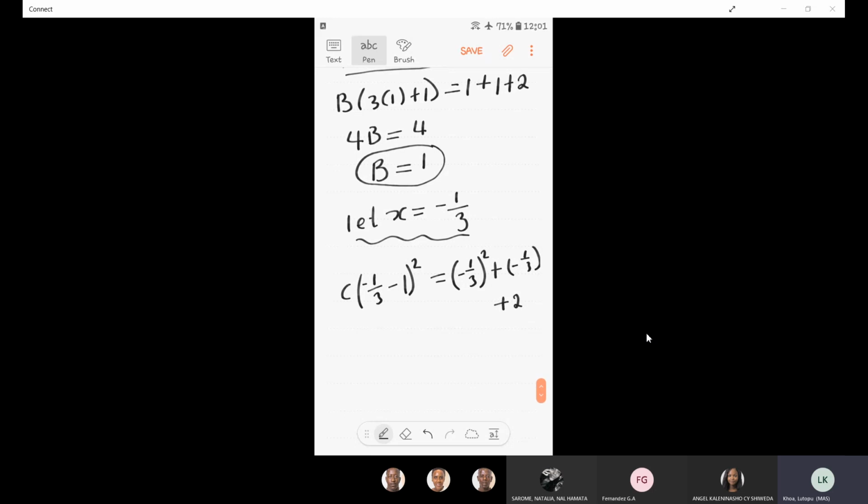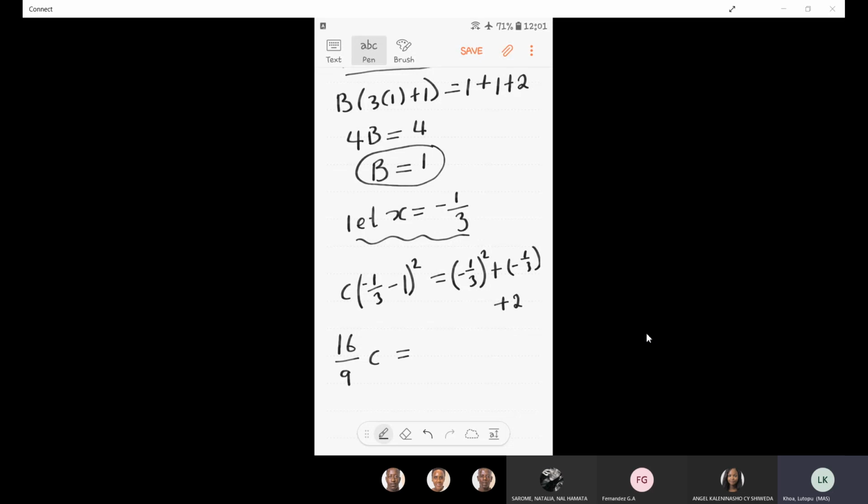Then you take your calculator, negative 1/3 minus 1, that is negative 4/3, and 4/3 squared is 16/9. So I have 16/9 times C. And then on the right hand side, you do the same thing with your calculator.